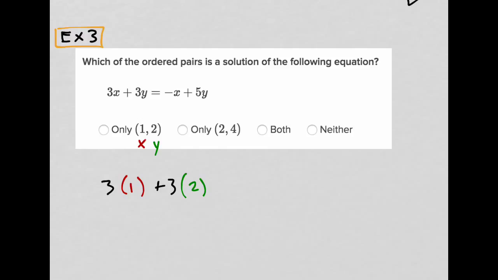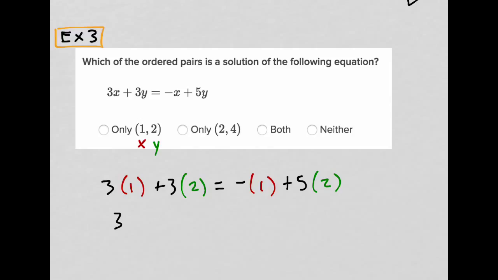That's how you do this. Maybe you should pause and figure out the rest of the other side. I got negative 1 in parentheses, plus 5 times y, which is 2, so 5 times 2. And then you again use PEMDAS.